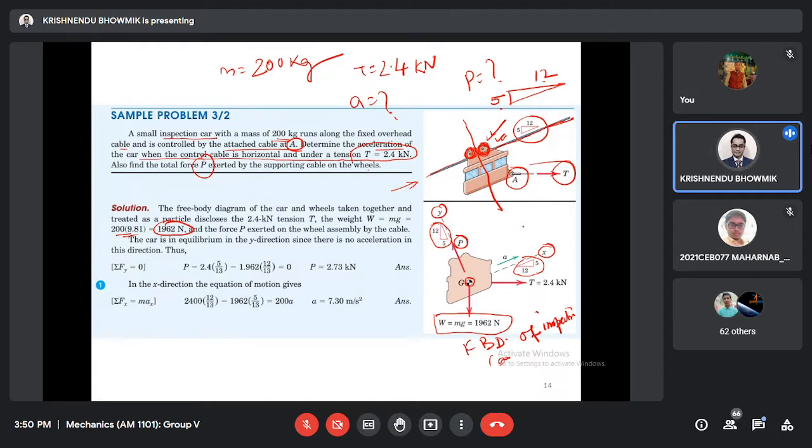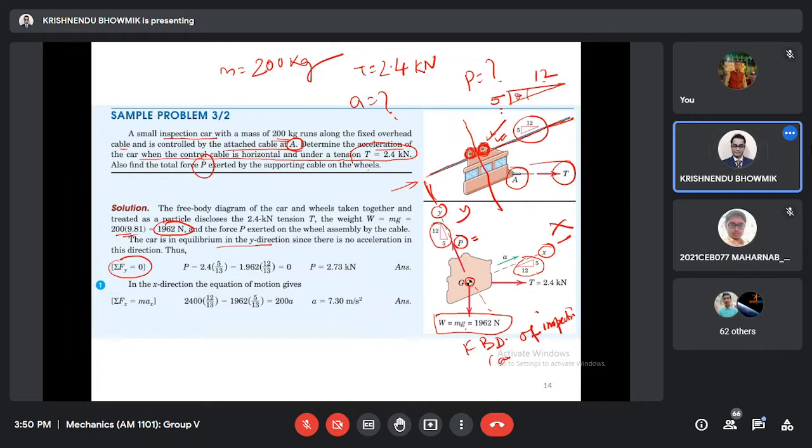Now if I consider this as x, this as y, in y direction there is no acceleration. In y direction, these directions, there is no acceleration. So Fy equal to 0, summation Fy equal to 0, equilibrium in y direction will be this P minus, here it is W, or somebody can calculate from this theta also.